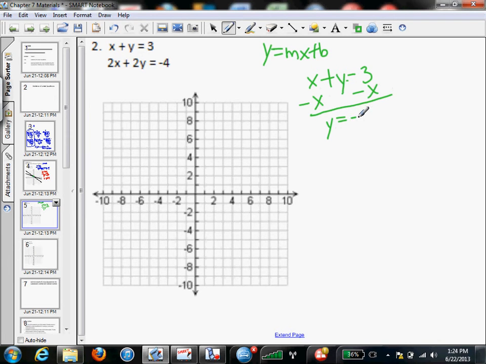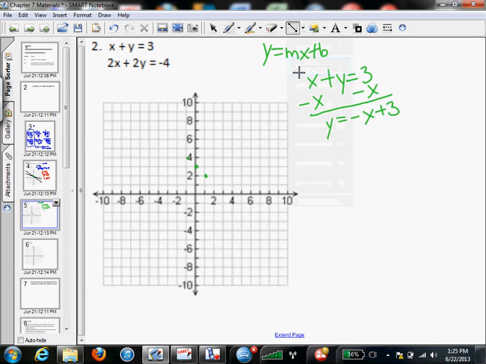So I'll have y equals negative x plus 3. Let's go ahead and graph this. So we'll graph our y-intercept of 3. We'll go down 1 to the right 1. Graph that second point. And we'll do the same thing if we want to continue that pattern.